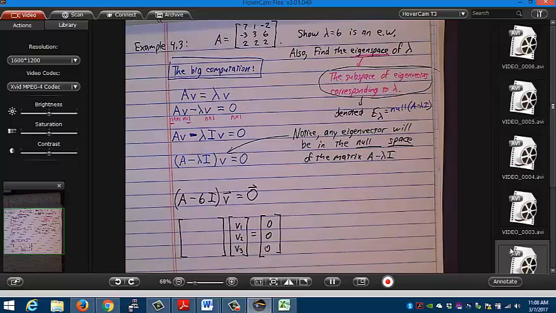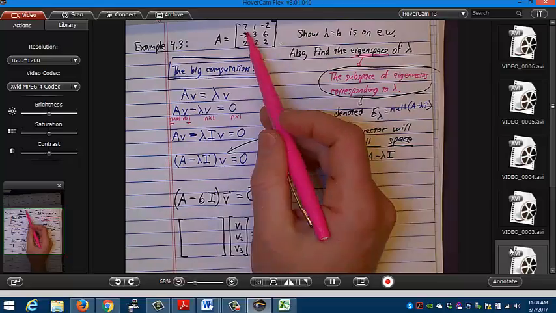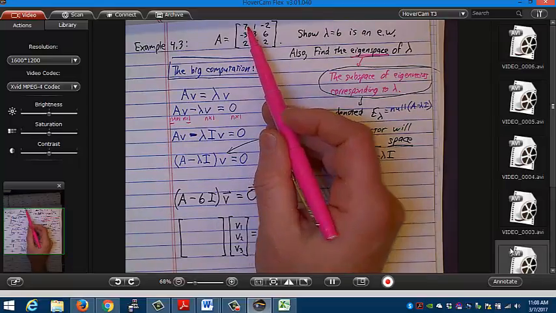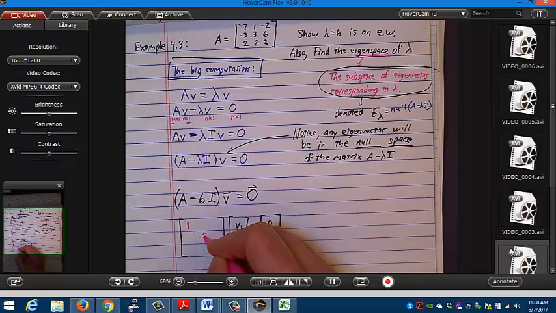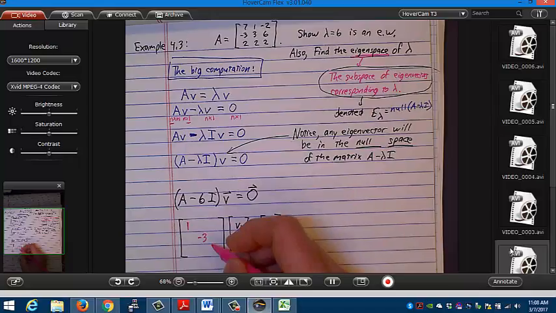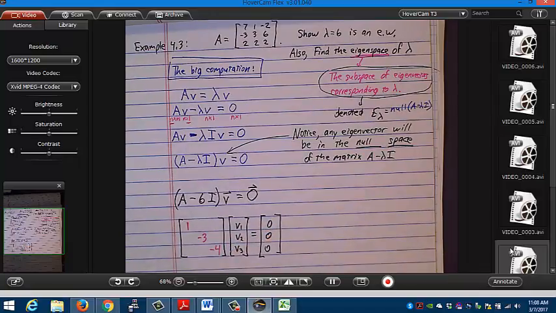And so A minus 6I, I guess what you should notice is that where it used to say 7, what's it going to say now? 1. Because we're subtracting 6 times the identity. What else is going to change? The middle number is now a negative 3. And the bottom number is now a negative 4. Is that right? Yeah. 2 minus 6. But everything else is the same.